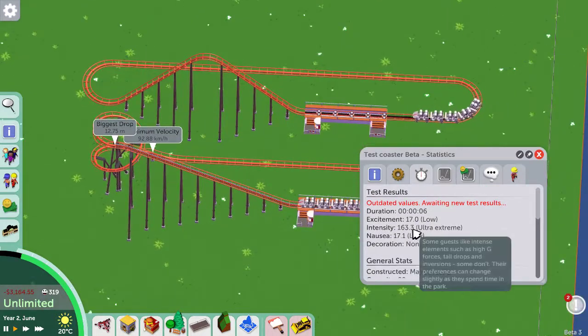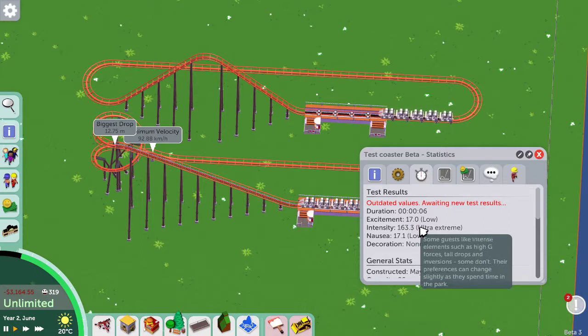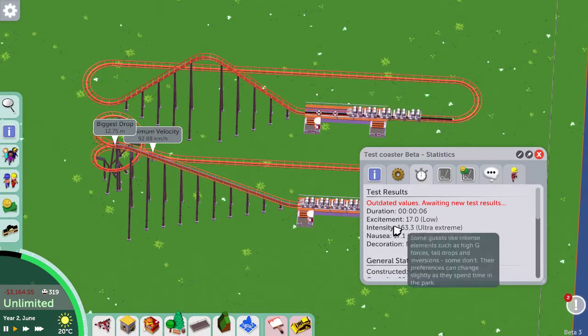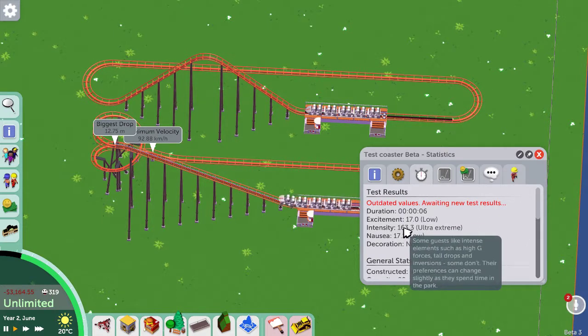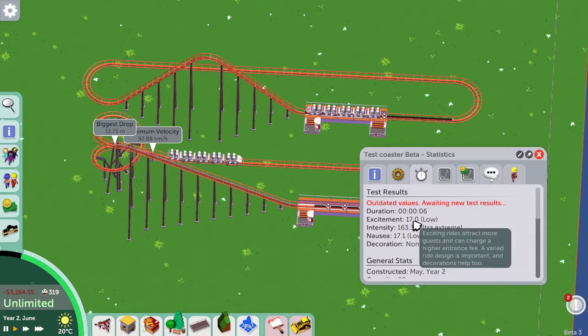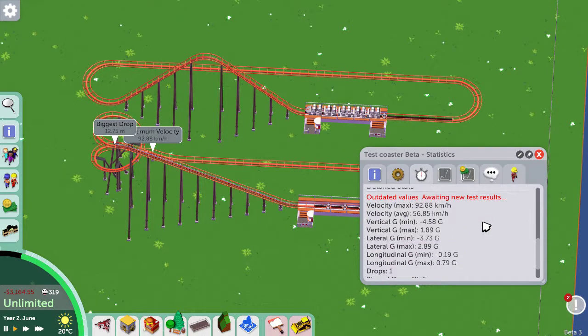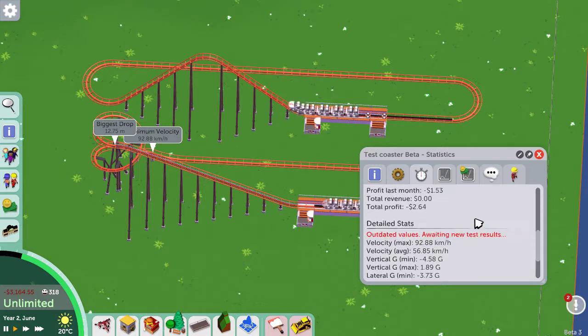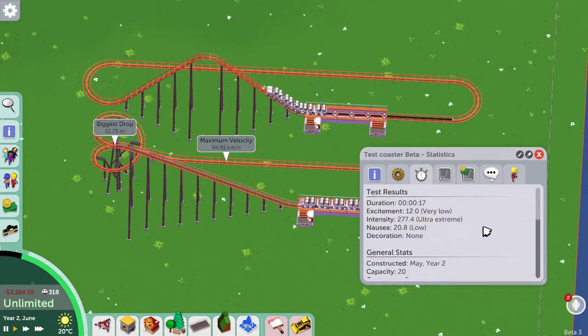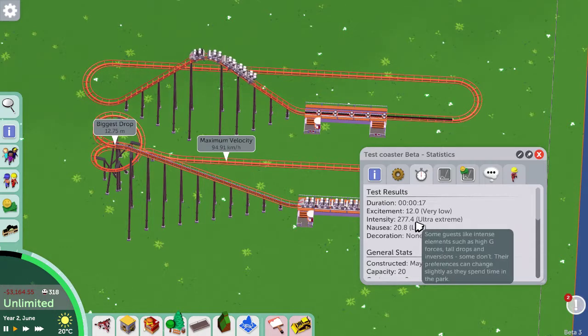I like the stats on this one already. You can really see how upsetting this effect is, considering the G's. So there it goes. And we have negative 4.58 G's, which is definitely enough to make you go blind and probably enough to kill you.